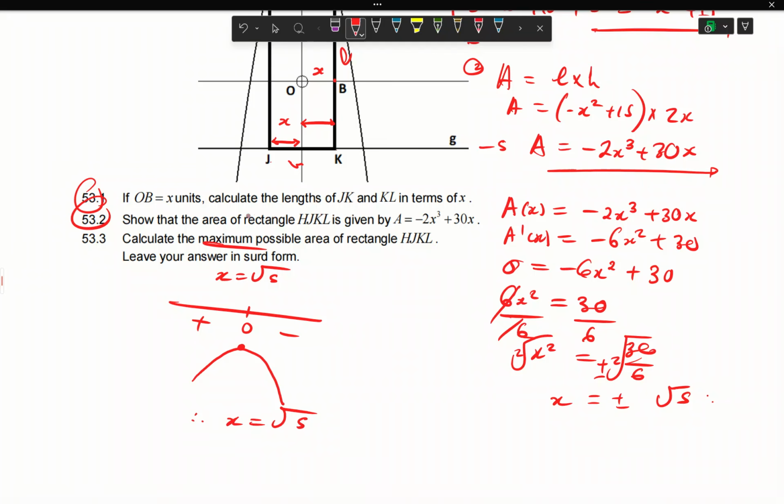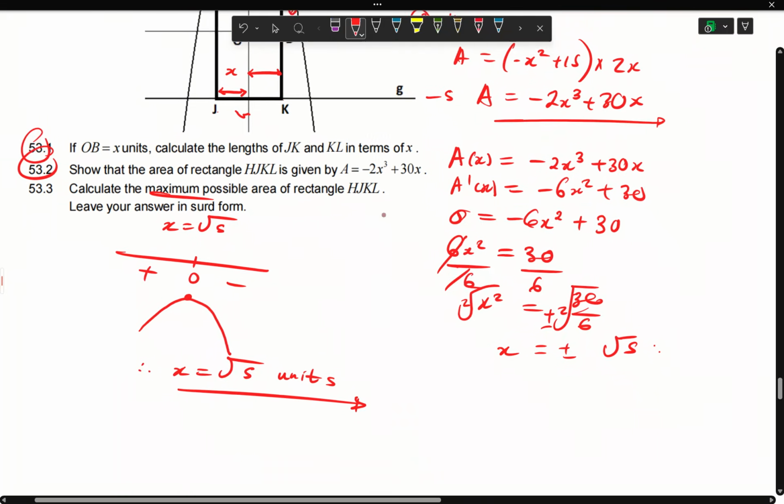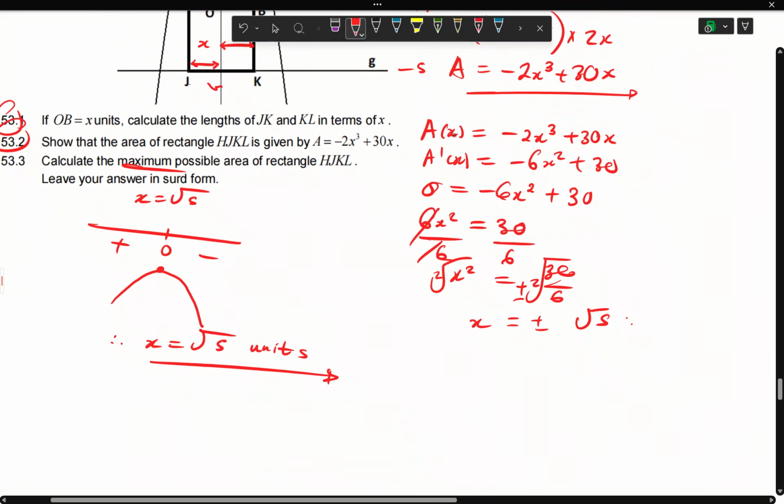And this has to be in units, since they didn't give us any units there, so square root of 5 units. Calculate the maximum possible area. Not the value of x, but the maximum possible area. So you have to take this answer and plug it into your original function. First confirm which one gives you a maximum.